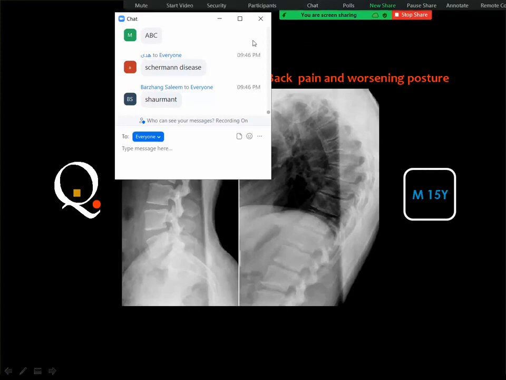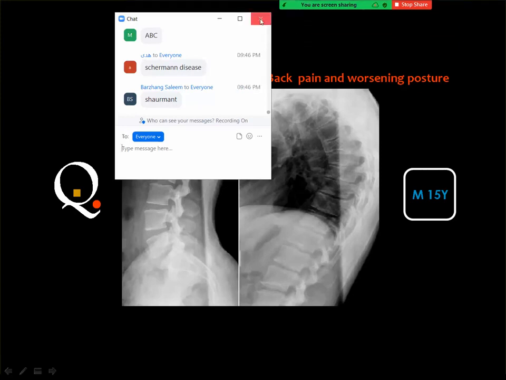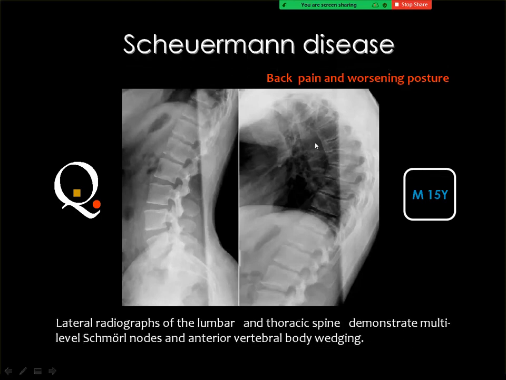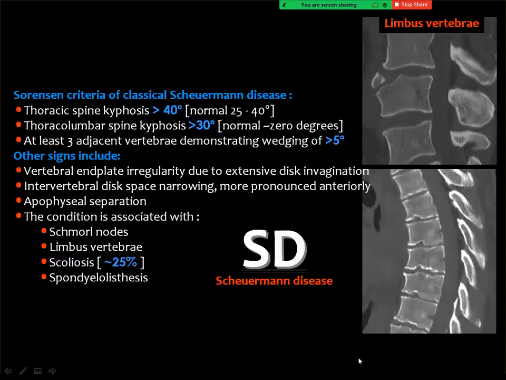Okay, Scheuermann disease, right answer. And Scheuermann disease is also known as adolescent kyphosis. You got some kyphotic deformity in the adolescent age, and of course you have many of the criteria to support the diagnosis of the disease.